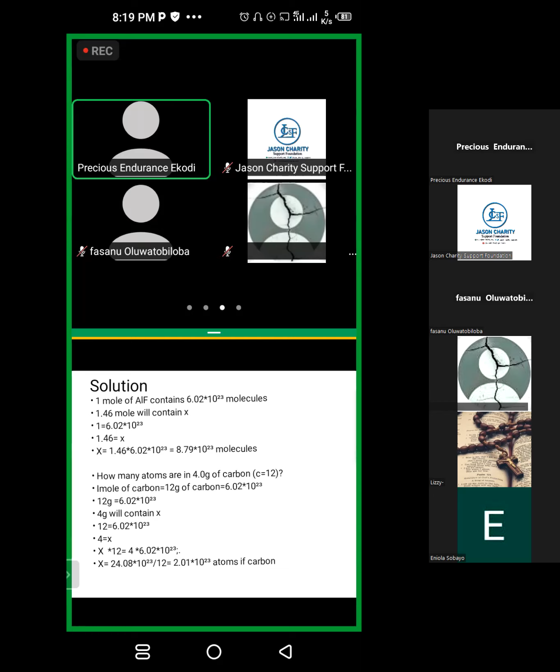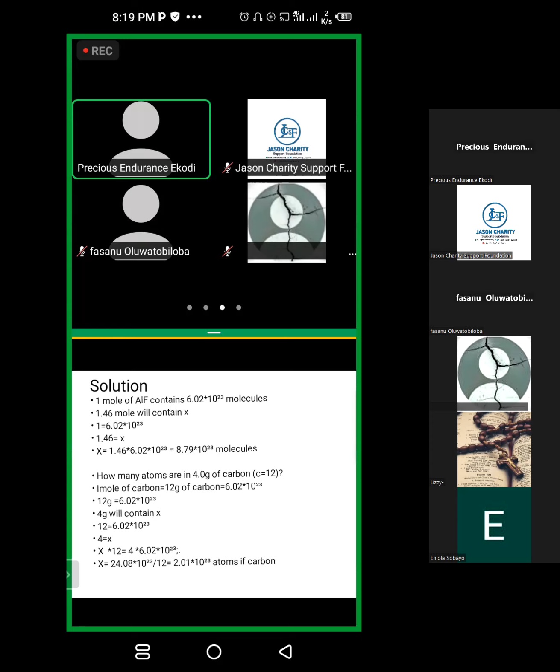Now, another question under this is bringing in mass, the atomic mass we spoke about earlier on. Here we have: how many atoms are in 4.0 grams of carbon? We are given the atomic mass of carbon to be C equals 12.